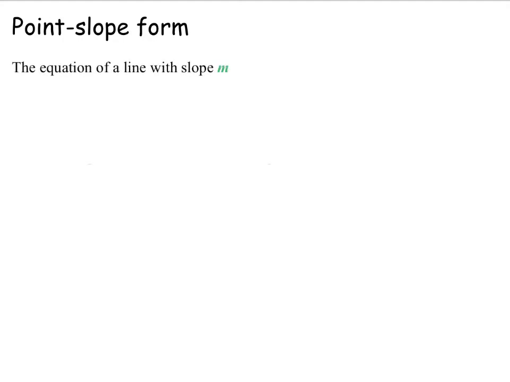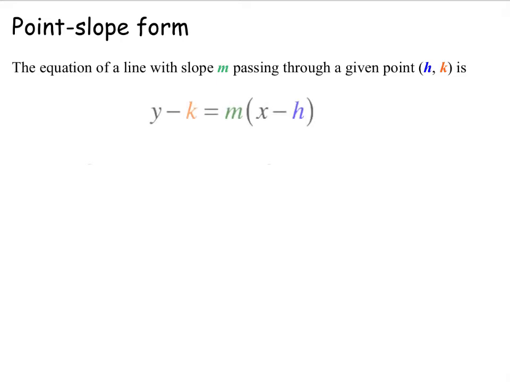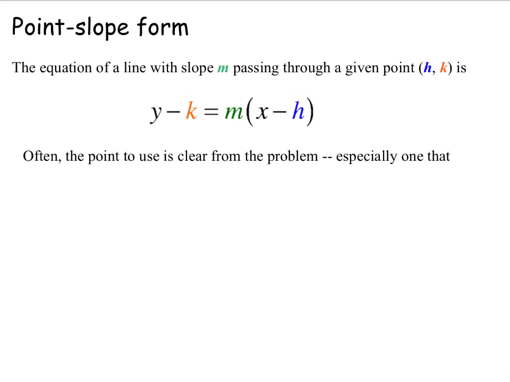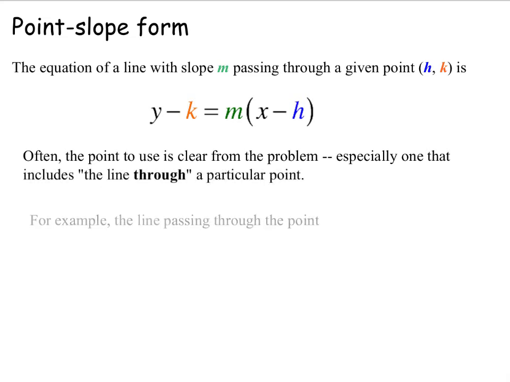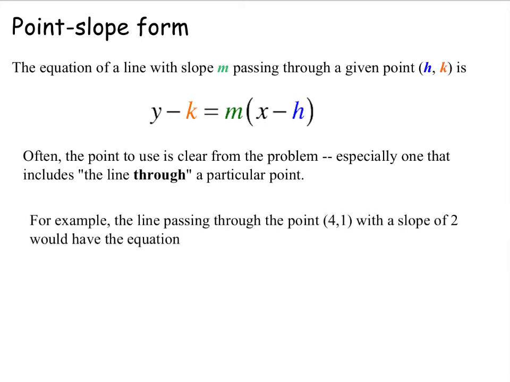The equation of a line with slope m passing through a given point (h, k) is y minus k equals m times (x minus h). Often the point to use is clear from the problem, especially when that includes the line through a particular point. For example, the line passing through the point (4, 1) with a slope of 2 would have the equation y minus 1 equals 2 times (x minus 4).